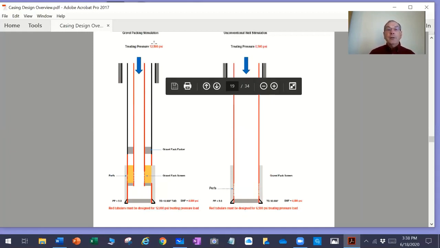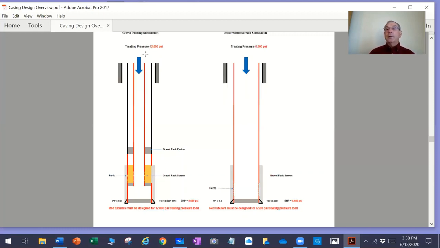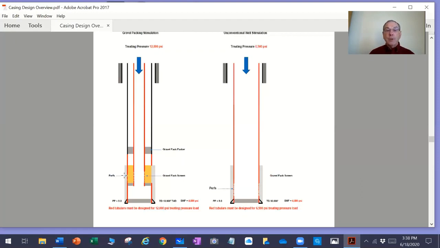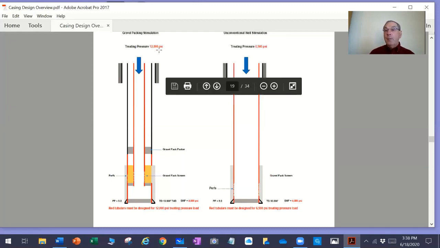Out of this 12,000 pounds treating pressure, the frictional pressure losses might have been 9,800 pounds. If that 9,800 pounds of frictional pressure loss goes away, now I have a 12,000 pound pressure wave going down that, if I don't mitigate and manage it, can rupture this casing down here at the bottom. So the red part of the casing at the bottom, on the outside of this gravel pack assembly from the packer down, would be rated to this treating pressure.